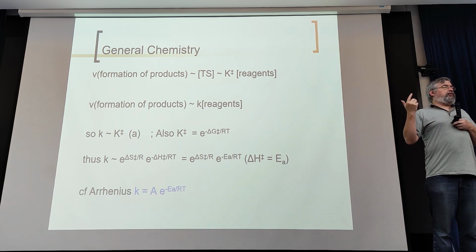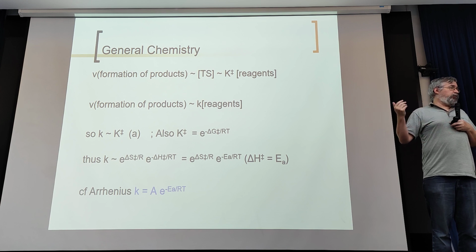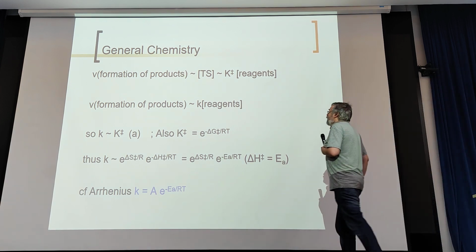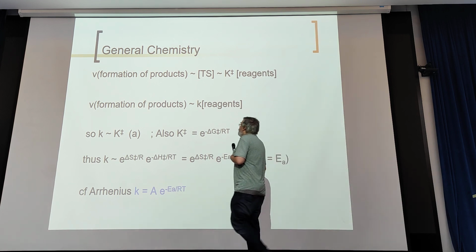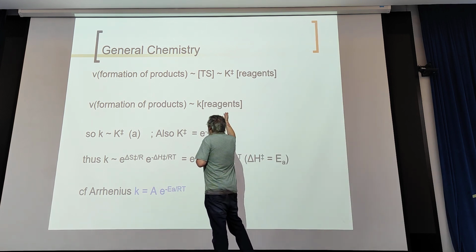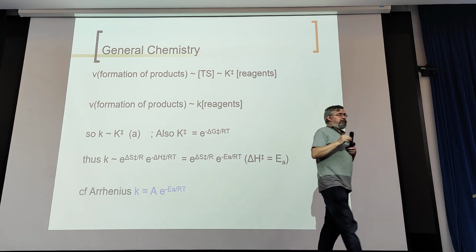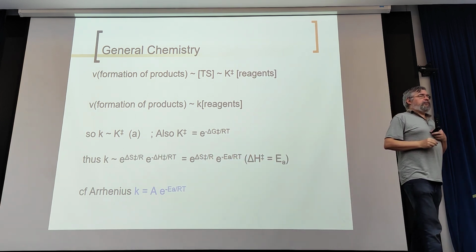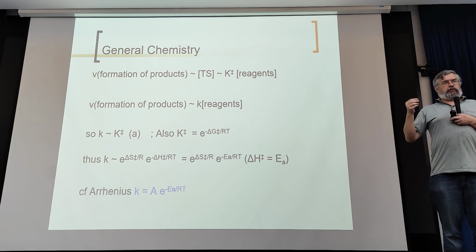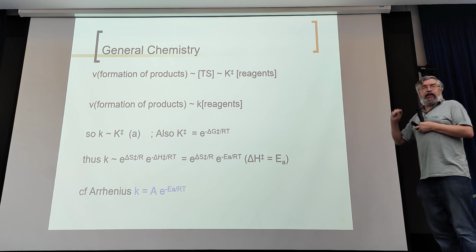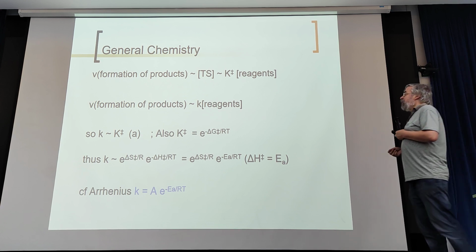It could be one when it's first order, or maybe more than one concentration term when it's second order, or something like that. That means, in fact, we see that capital K of the transition state is actually also proportional to small k, the rate constant.